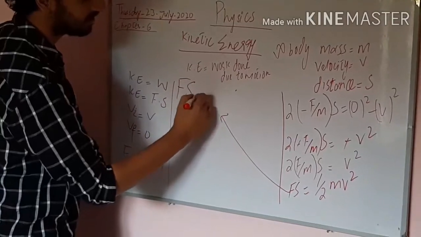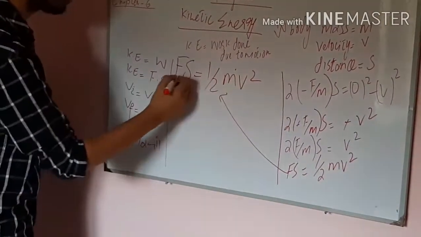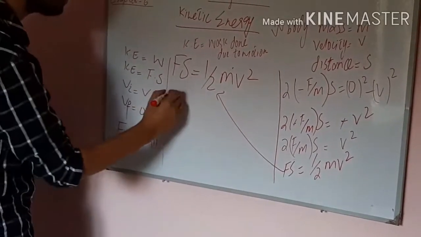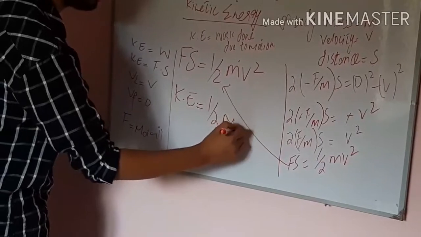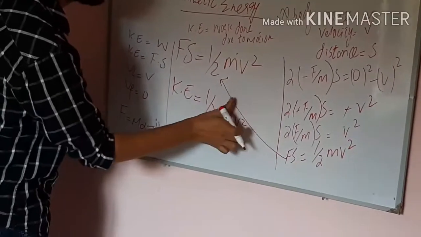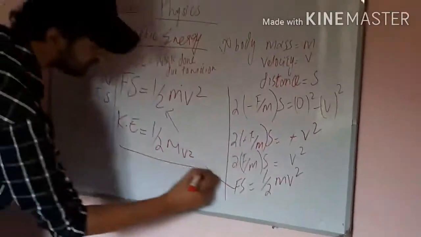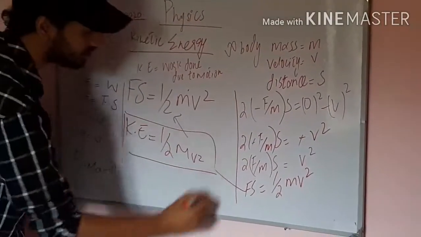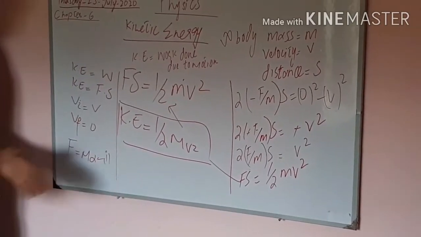Fs is equal to 1 by 2 mv square, so Fs is equal to kinetic energy. Kinetic energy is equal to 1 by 2 mv square. This is the final equation of kinetic energy, which shows that the energy possessed by a body due to its motion is kinetic energy.